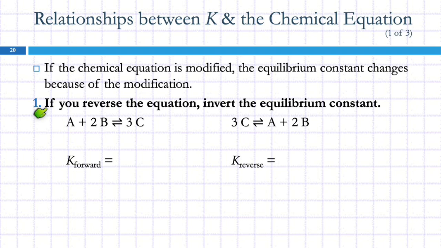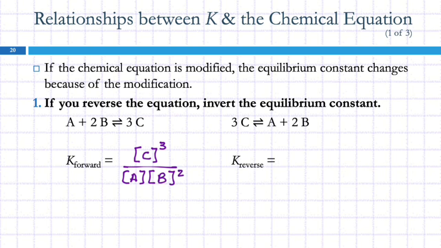So if we reverse the equation, here we have A plus B going to C. If we reverse the equation, now we have C going to A plus B. We invert the equilibrium constant. Instead of changing the sign, which would be multiplying by -1, this is essentially raising it to the -1 power. So let's see how that works. In the forward direction, we have C cubed divided by A times B squared.